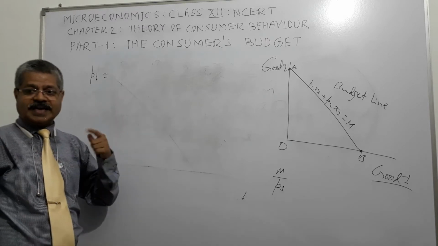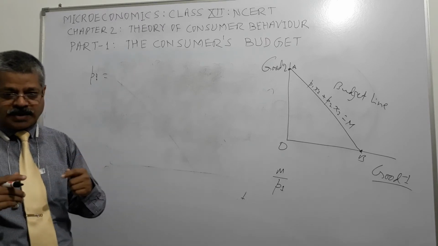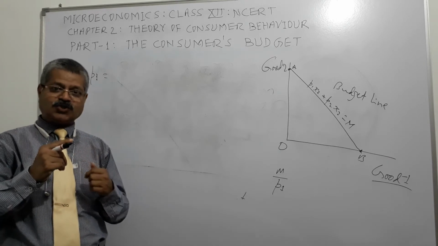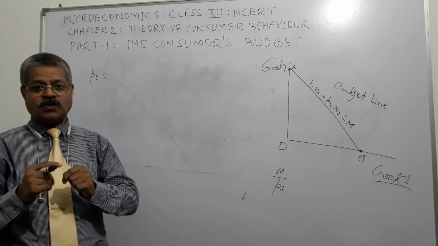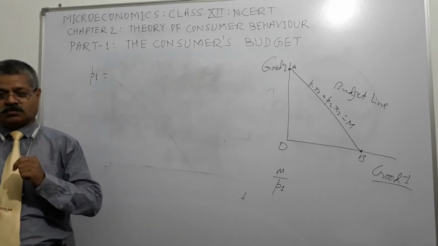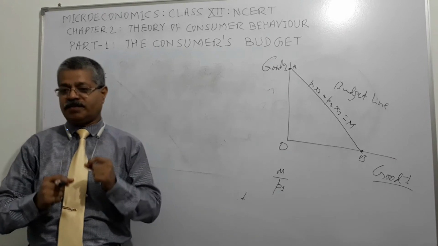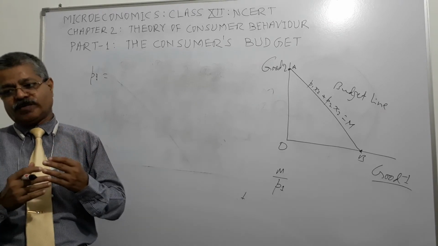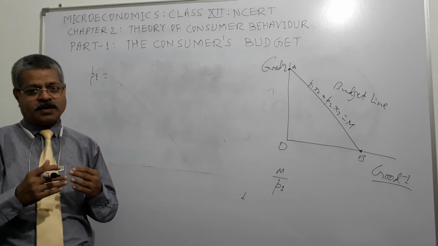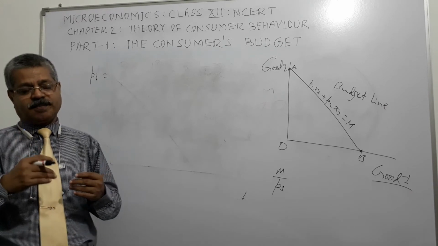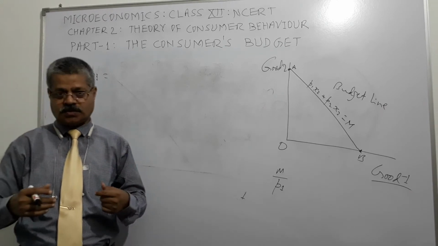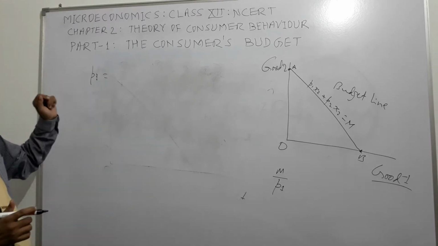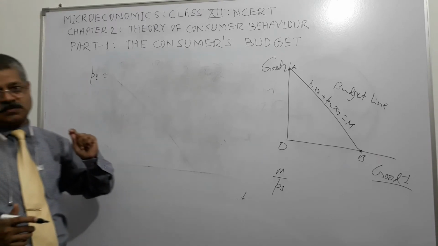What is happening once again, for having one more unit of good 1, the consumer has to forego some unit of good 2 because resources are limited, right. So how much of good 2 the consumer will give up for getting more of good 1 depends on the prices of the two goods, right. So suppose 1 unit of good 1 costs P1.